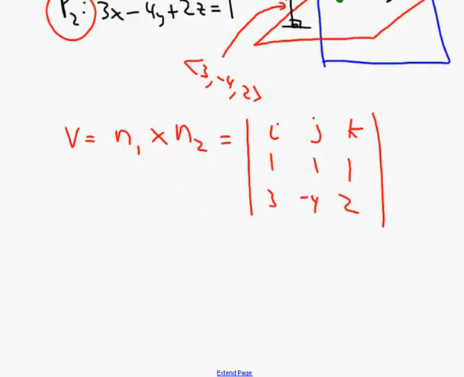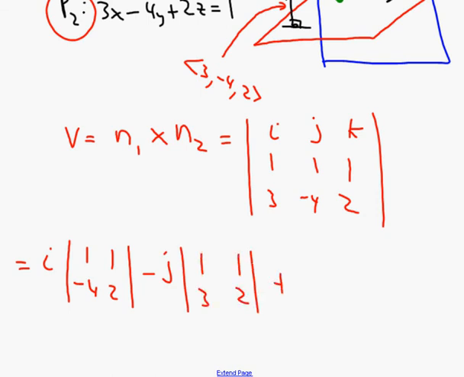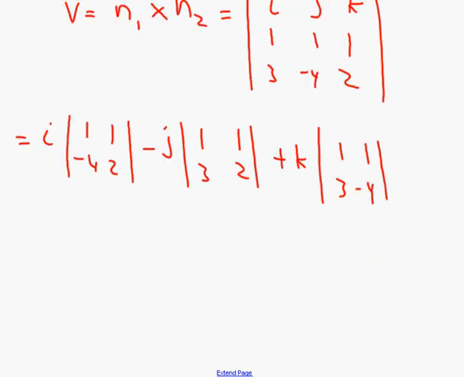So let's do this out. It's going to be i times its minor, 1, 1, -4, 2, minus j times its minor, which is 1, 3, 1, 2, plus k times its minor, 1, 1, 3, -4. All right, so we're getting there.